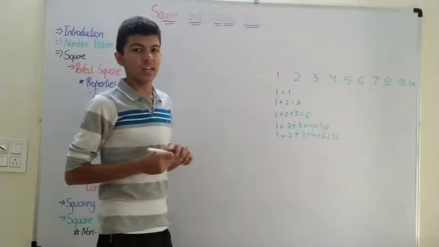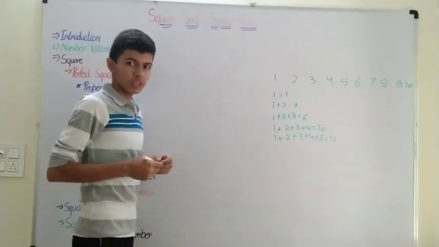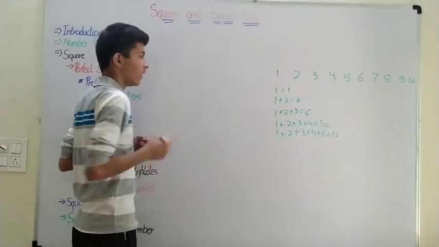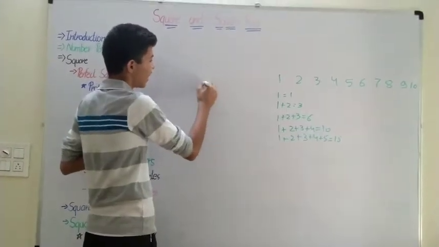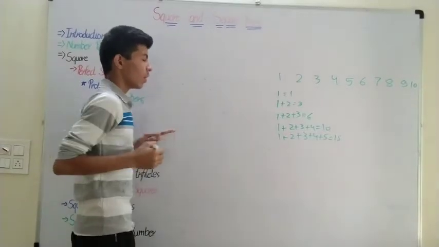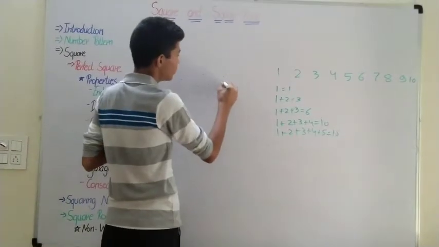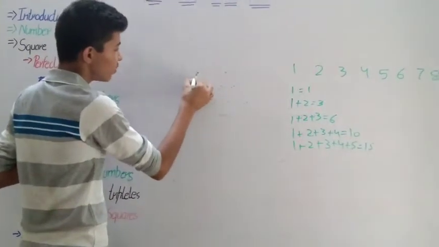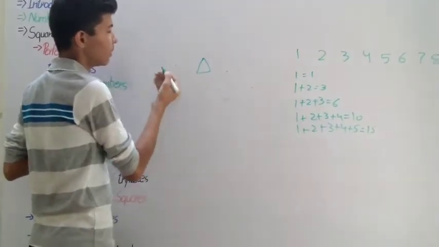If you arrange these as dots, in the first case I have only one dot, in the second case I have 1 and 2, in the third I have 1, 2, 3. If I join these dots, in the first case it is not possible because there is only one dot.